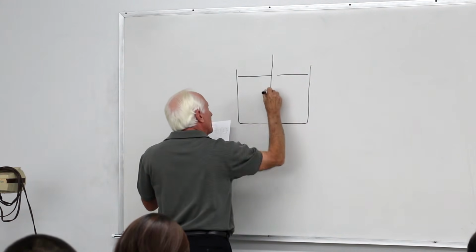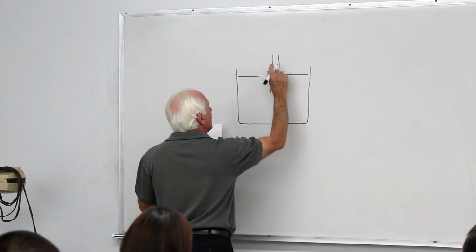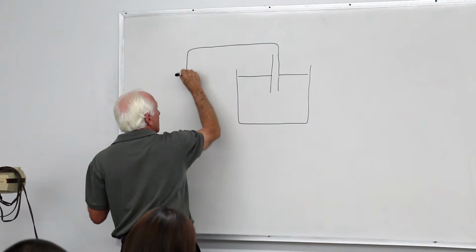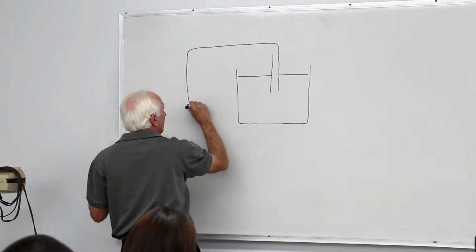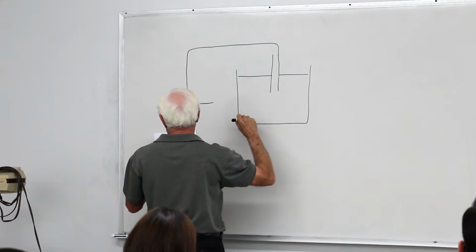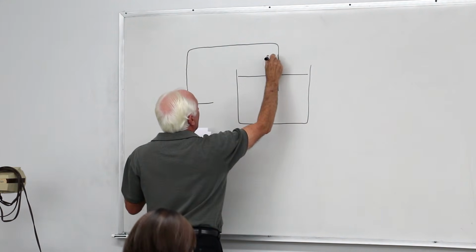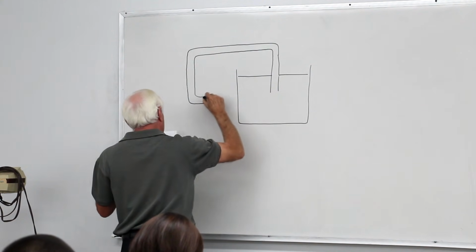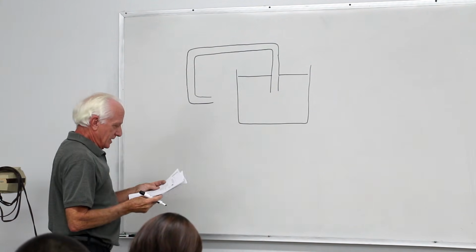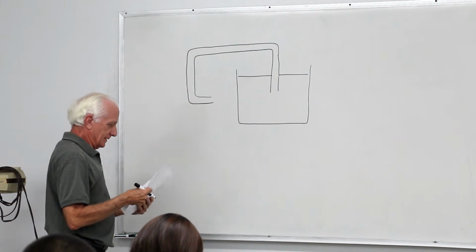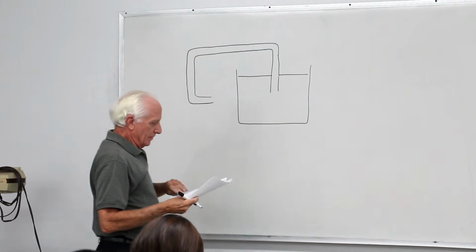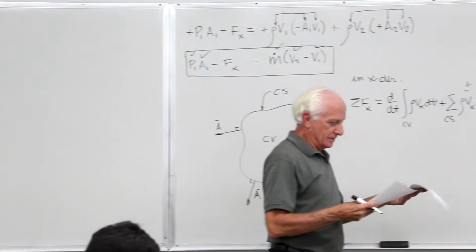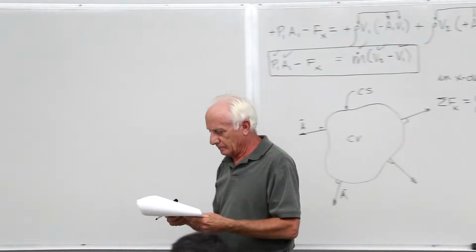Here's the siphon, comes out of this reservoir, goes up over here, goes down like this. Let me check. Oh no, that wasn't 350. That was another one. Oh, there it is, 359.